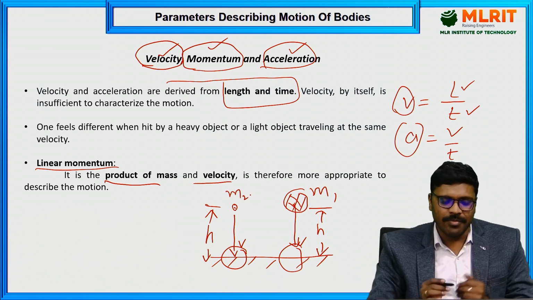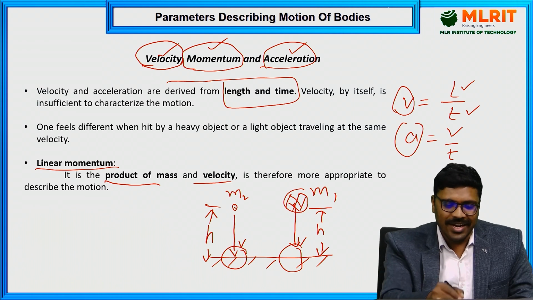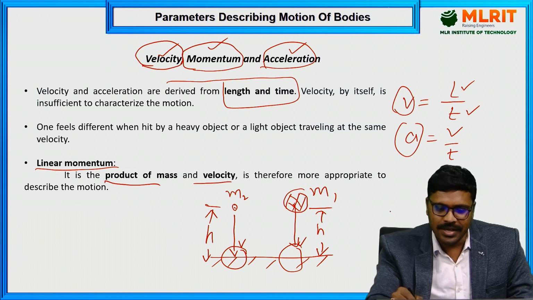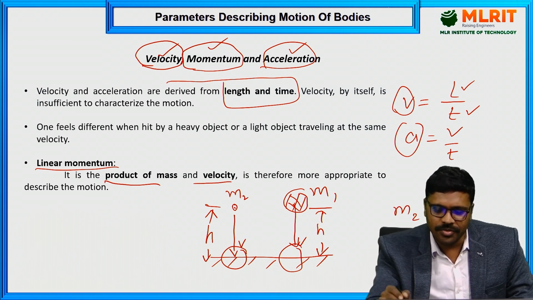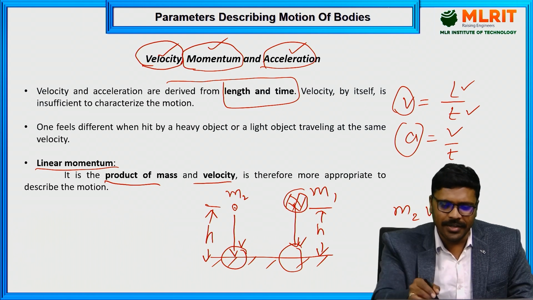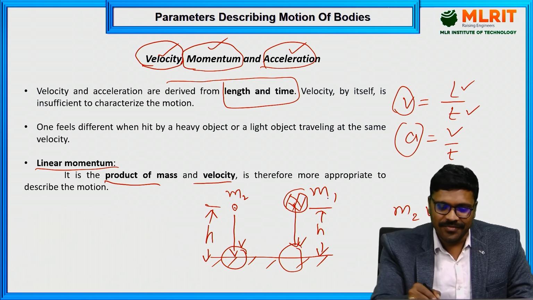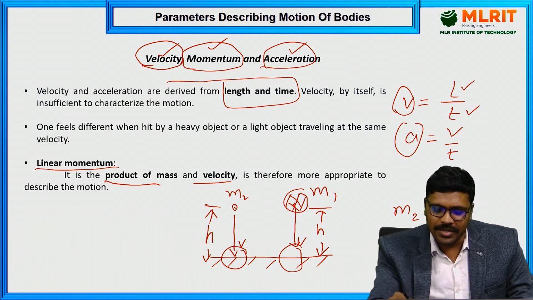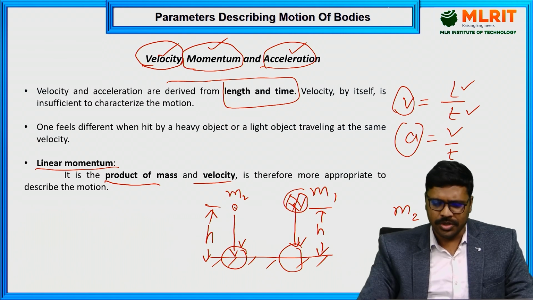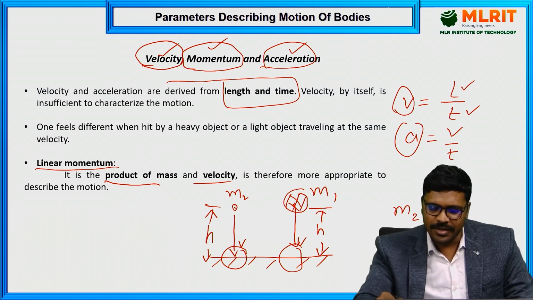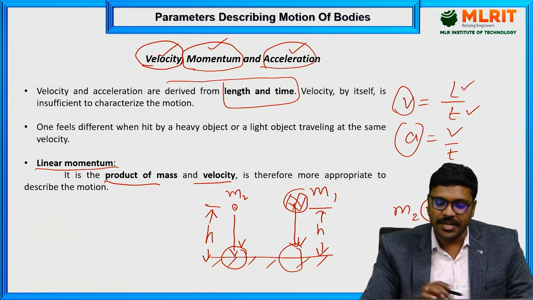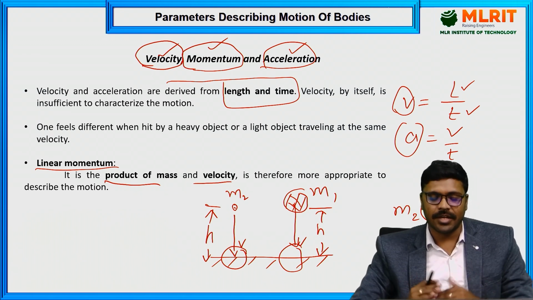The momentum of the small stone when it hits the ground is m2 into v, and the momentum created by the big stone when it hits the ground is m1 into v. So even though the velocities are the same in the two cases, the masses are different. That is why the impact on the ground is different.